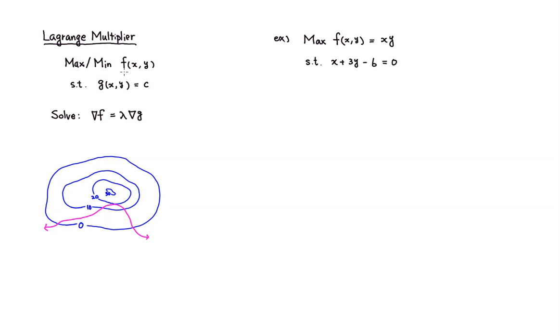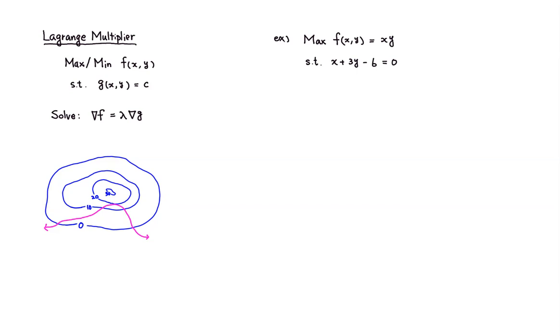In order to do that, we can solve the following equation, and I'll explain why this is an equation. We take the gradient of the function we're trying to maximize or minimize, and set that equal to some constant lambda.